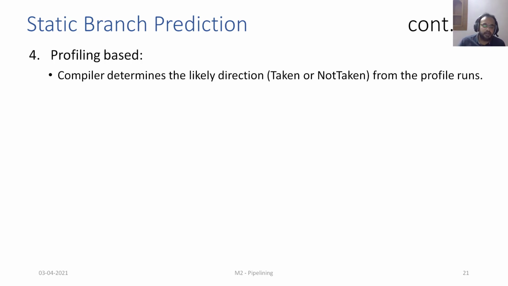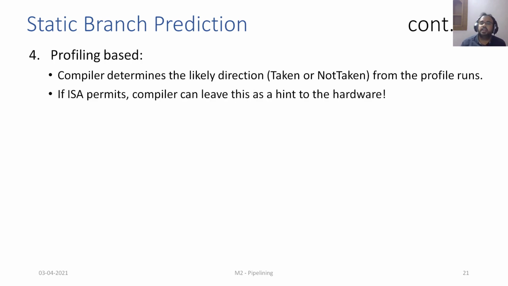And the compiler will now study the nature of each of the branches during the profile runs and make a note of how each branch is behaving, whether it is taken most of the time or not taken most of the time, etc. And once it makes note of this, it communicates it to the hardware as hint bits if the instruction set architecture has some provision for it.